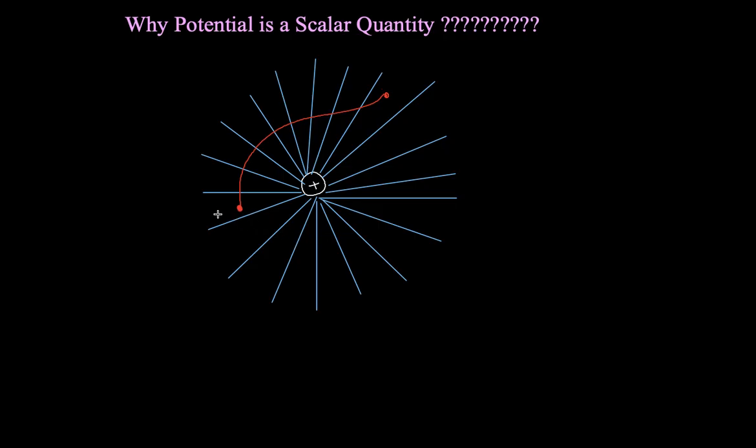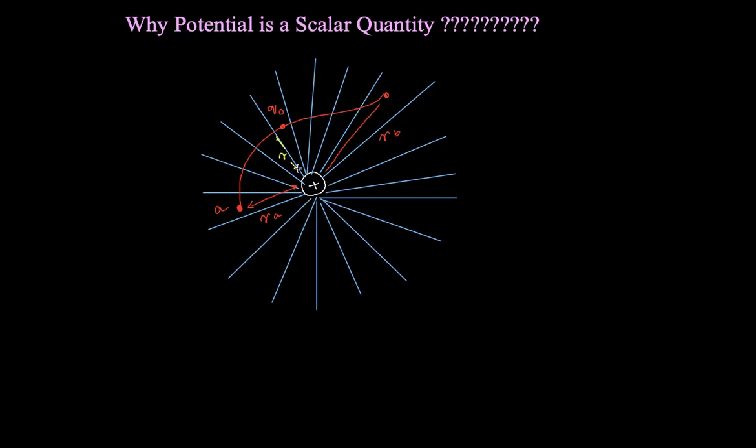This is your charge q naught at position r. The distance from the source charge to A is r_A, the distance to B is r_B, and the distance to the charge's position is r_r.